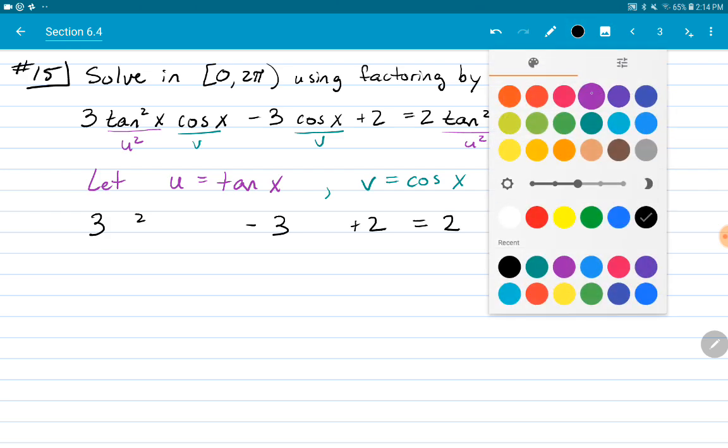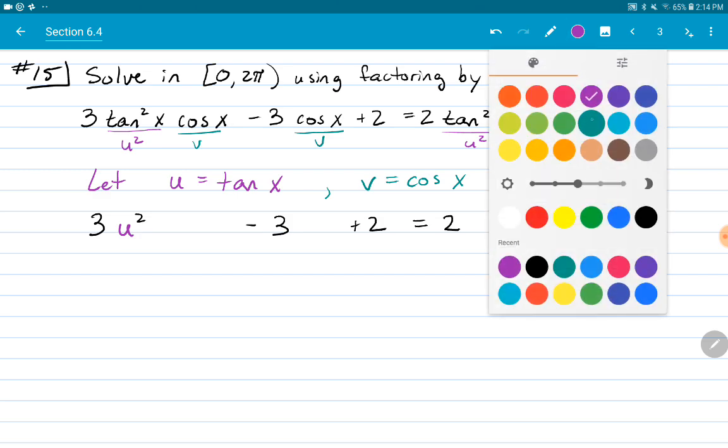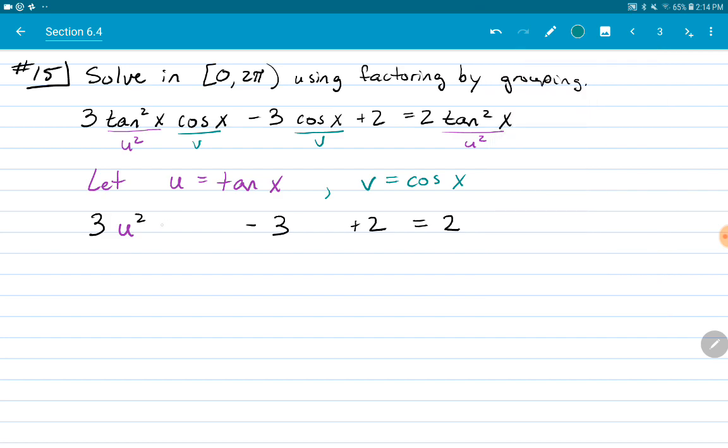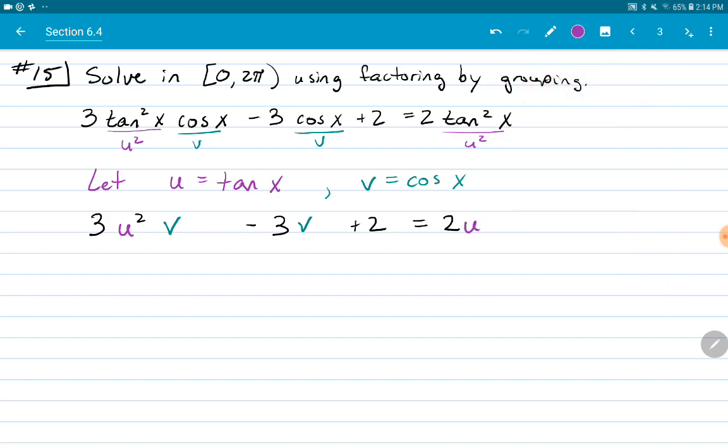So filling those u's and v's: instead of tangent squared, I have u squared. Instead of cosine of x, I'll write a v. And instead of tangent squared, I'll write a u squared.